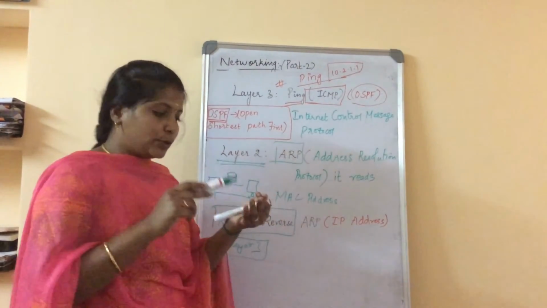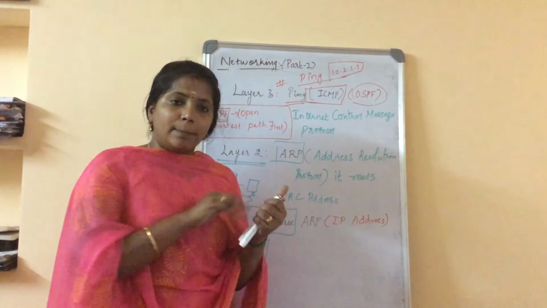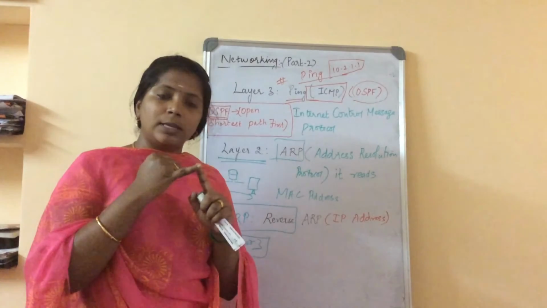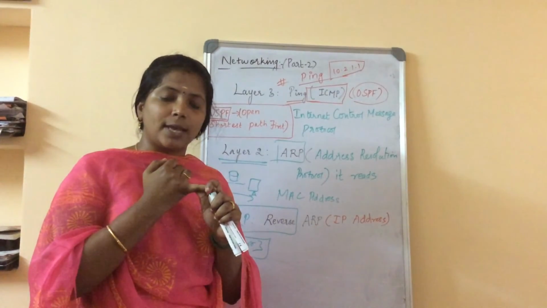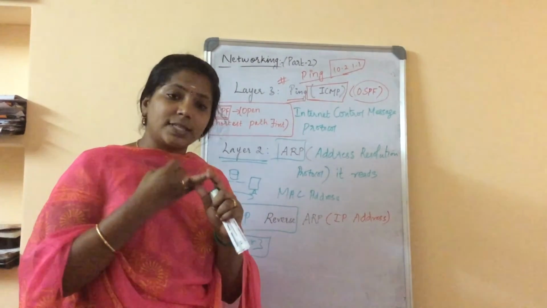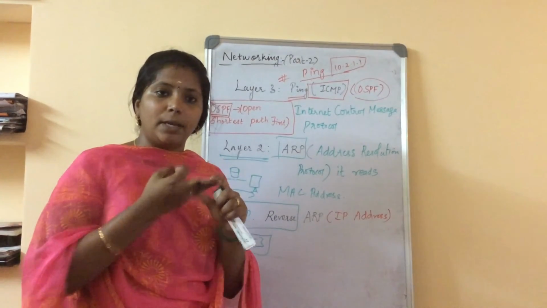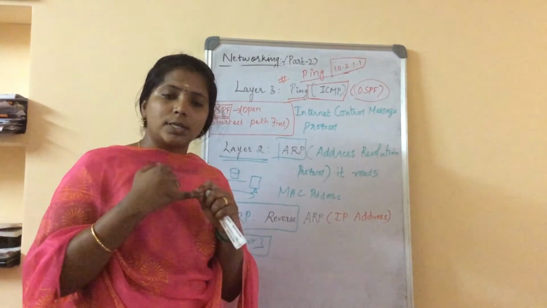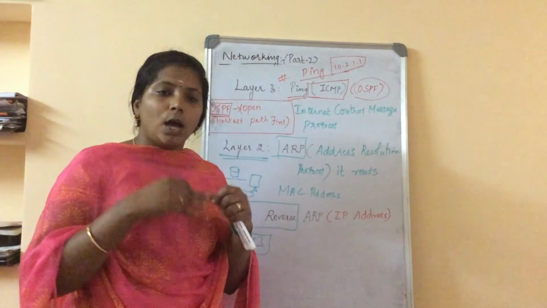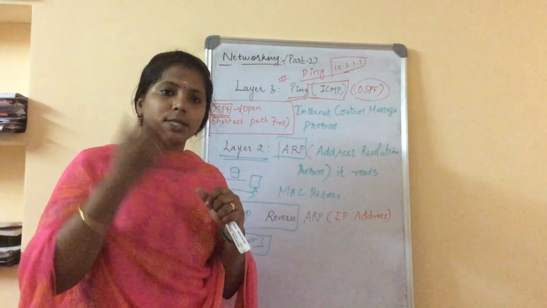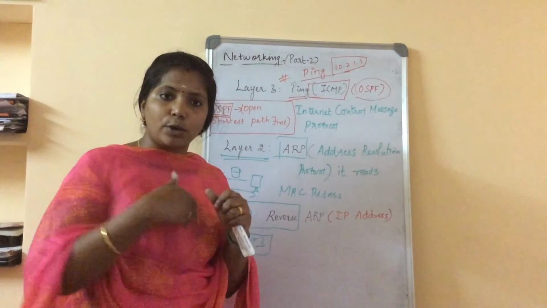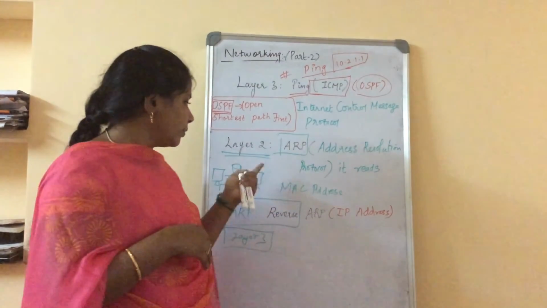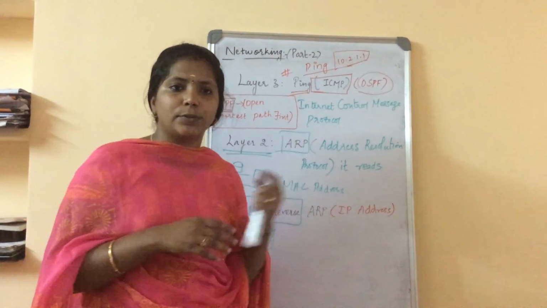Fine. So as of now, I have completed in this session what an IP address is, the classification of IP addresses, what static IP and dynamic IP are, and also some of the network hardware components: hub, switch, and router. I also covered some of the protocols in each layer, how the protocols work, what the function of each protocol is, and some of the layer 2 and layer 3 protocols.